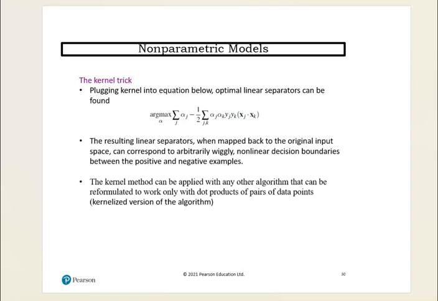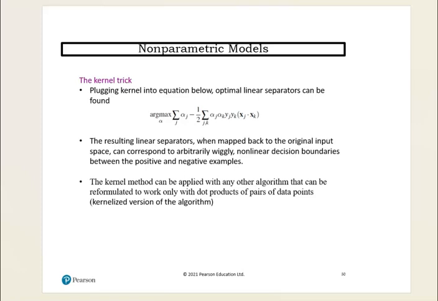Okay, and once we've found that optimal separator, then we can map it back to the original input space. Of course, when you map it back to the original space, it's not going to be linear anymore. It's going to be some wiggly nonlinear decision boundary between positive and negative, but we know that it's going to generalize much better than trying to fit directly a decision boundary in the original space.